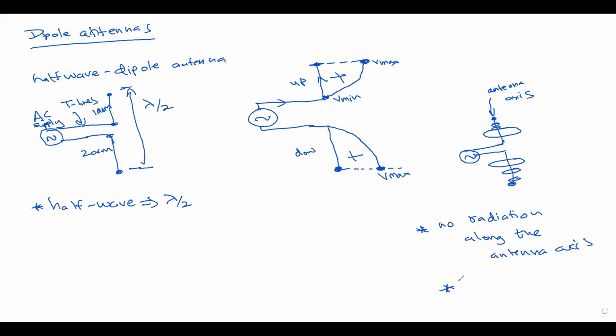However, since the radiation does not appear along the antenna axis, the total radiation will be according to a donut-like shape. We can draw that as well.